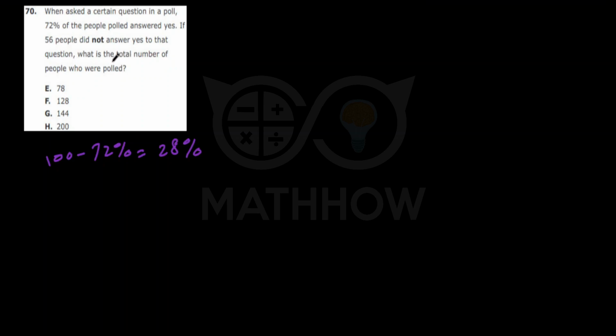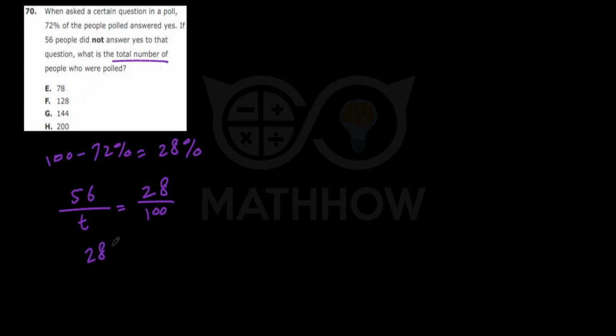The question is asking for the total number of people. So how do we find the percentage? The percentage is calculated when the number of people is divided by the total number of people. Suppose the total number of people is equal to t, and 56 over t is equal to 28 divided by 100.